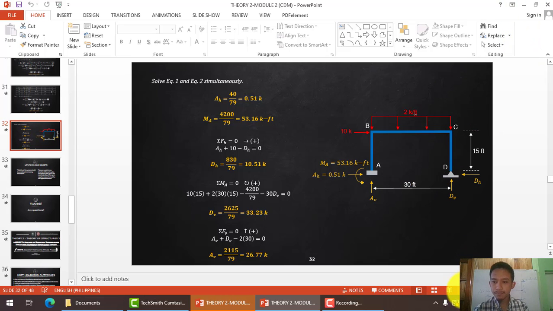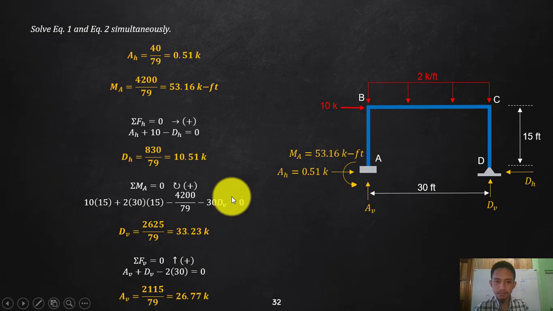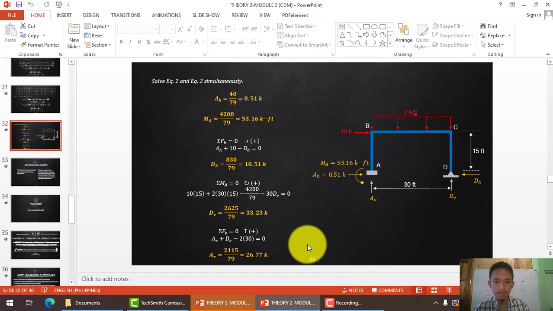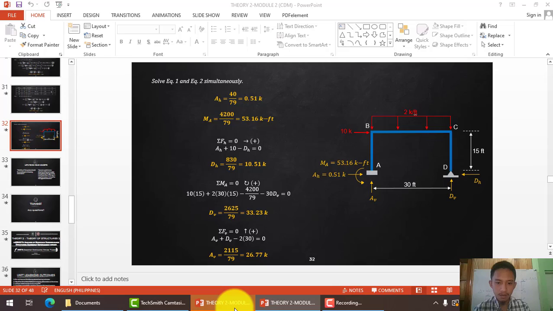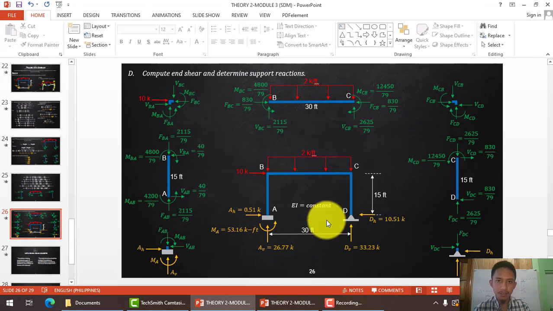So this is MA, moment at A is 53.16, 0.51, and AB is 26.77. Okay, so let's compare. This is our result for slope deflection.